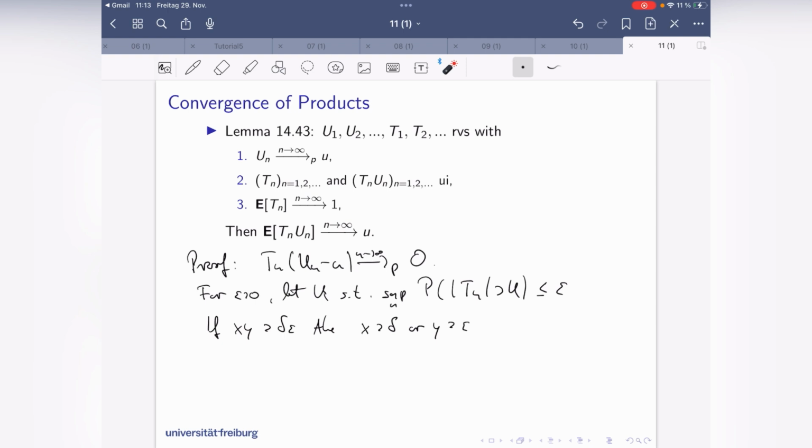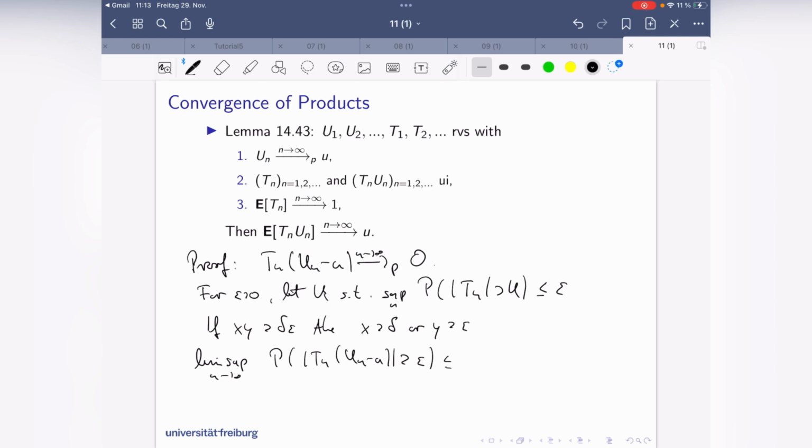Because otherwise, x times y would be smaller than delta times epsilon, which is forbidden. Okay. And then I can study the lim sup as n goes to infinity of the probability that Tn times (Un minus U) is bigger than epsilon.